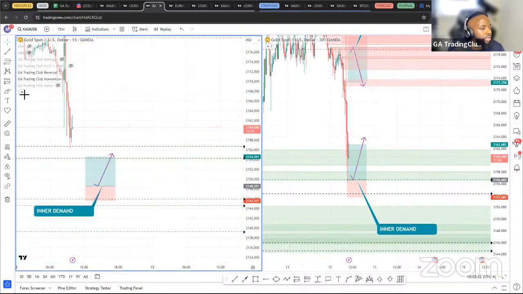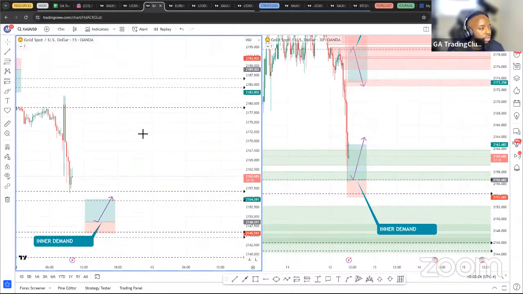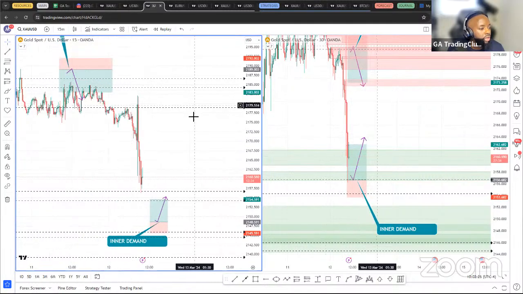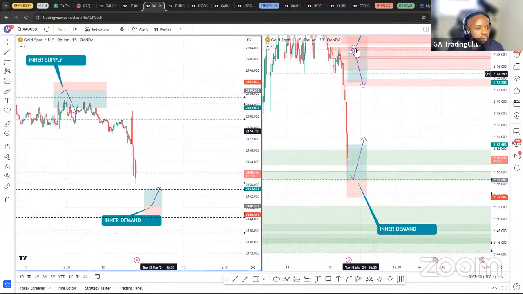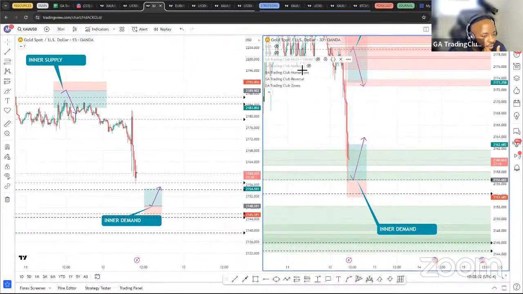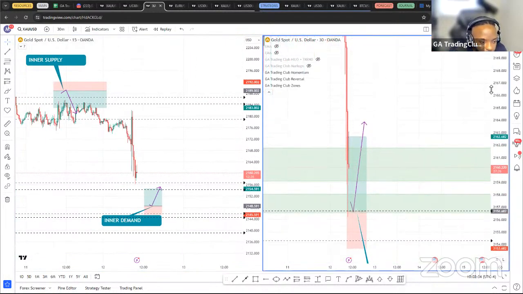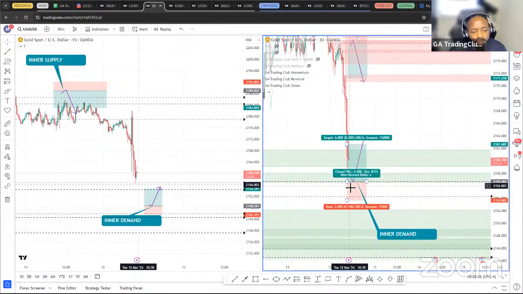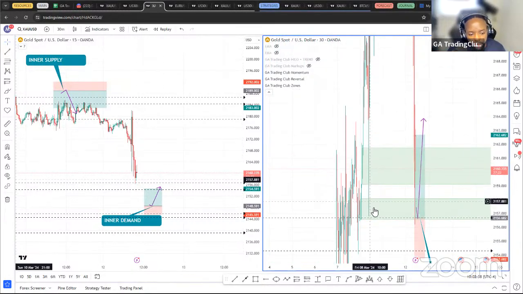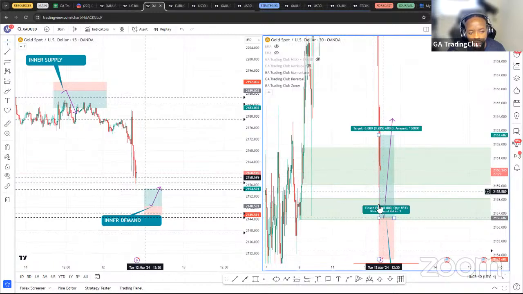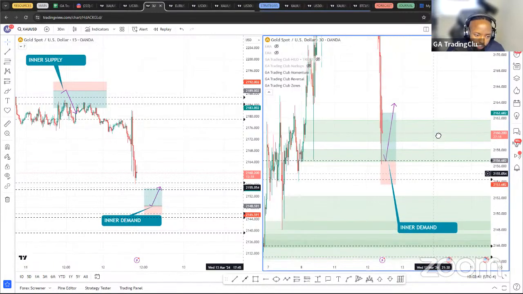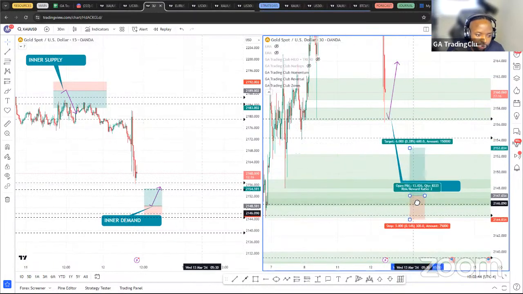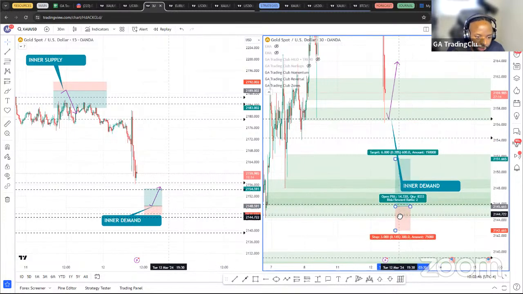So I'll turn these ones off and do something like this. Here for gold as well. You can see on the 30-minute time frame, this demand zone has been mitigated. So we're only left with one shaded region, right? So we move to the next level, which is down here.